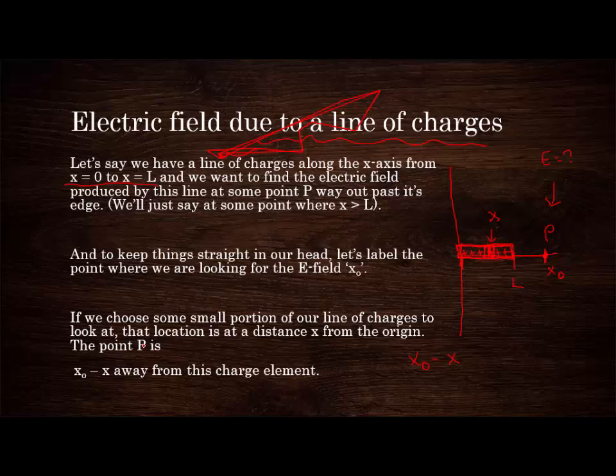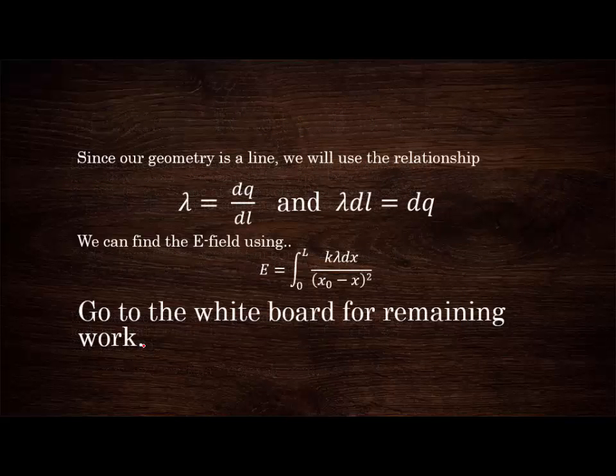So this is what we're going to use to define our distance from our small chunk of line charge to where we're trying to find our electric field. Our geometry is a line, so we're going to use our lambda, or our linear charge density, to help us talk about what's happening with our electric field.